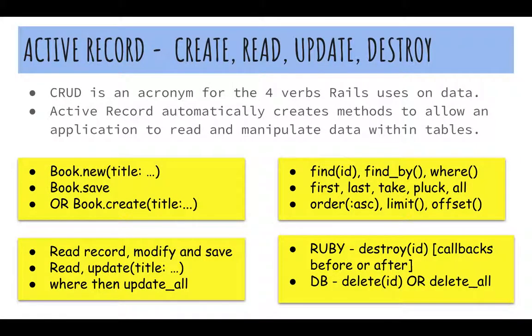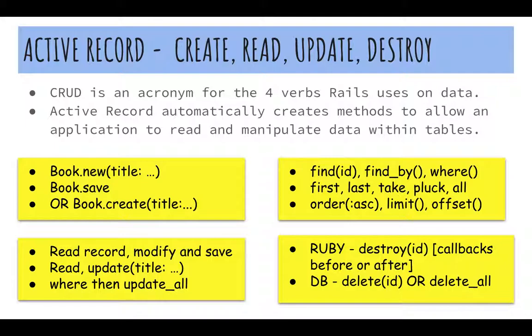So just to recap, we've got create, read, update and destroy, and Active Record creates methods to allow an application to read and manipulate data. We had our book.new, book.save, or book.create for the create part of our CRUD commands.